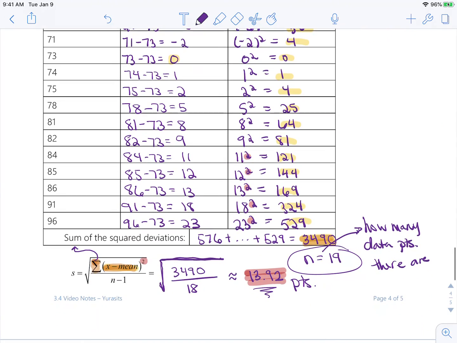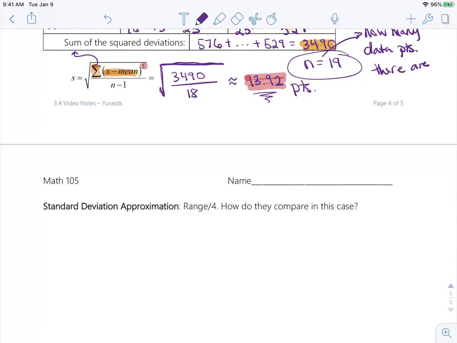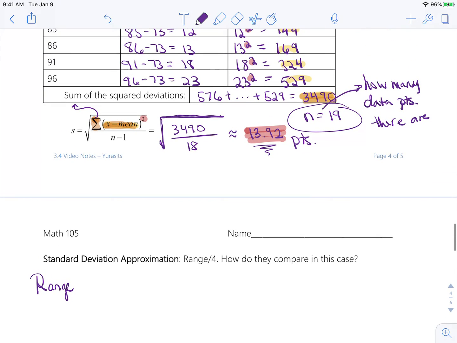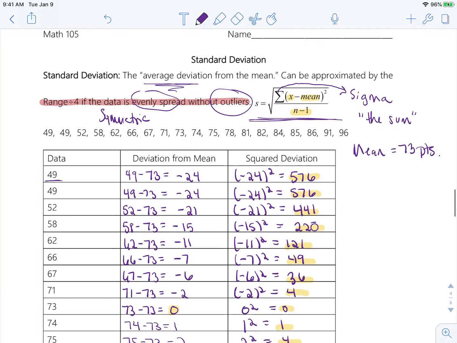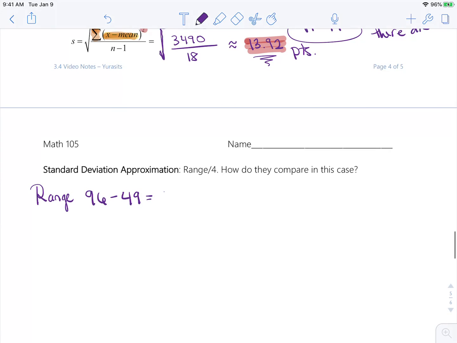But let's just compare the two. If I was going to find my range, remember that is your max take away our lowest, which is 49. And so we get 47. Then I'm going to take 47, divide it by 4, and I get 11.75 points. Well, that is not really the same as 13.92, right?